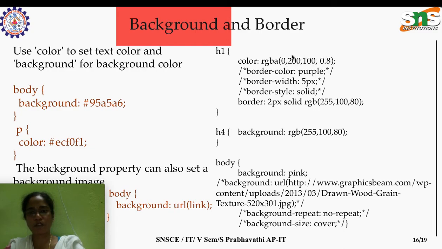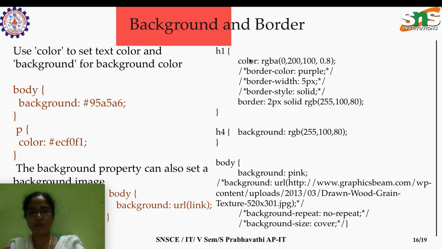So this combination will have transparency. It takes a value from 0.0 to 1.0. If I give the whole value 1, it displays as it is. If I change this value, the opacity gets changed and the color will be a little faded.